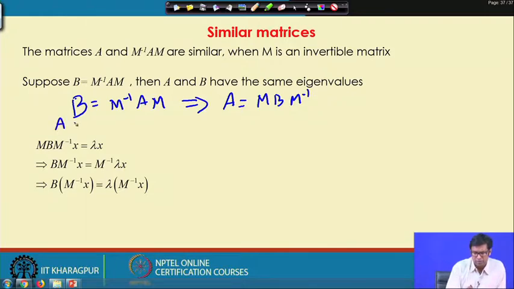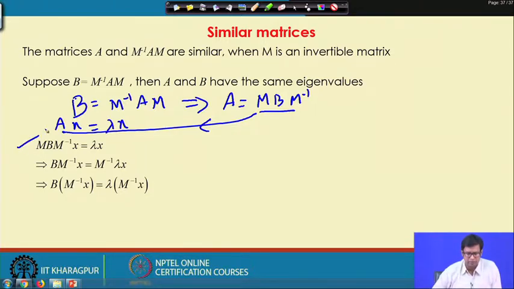Now we have Ax is equal to lambda x. So we can substitute this here and write MB M inverse x is equal to lambda x. And take M inverse on the left and multiply it. So B M inverse x is equal to lambda M inverse x, which is B of M inverse x is lambda M inverse x.